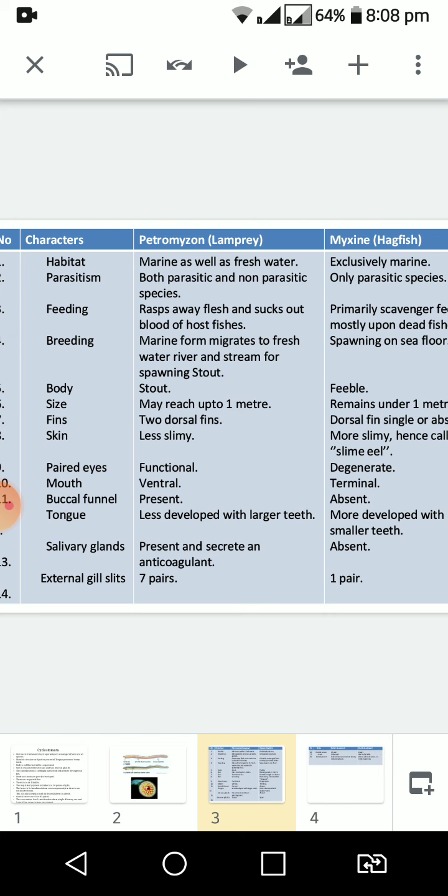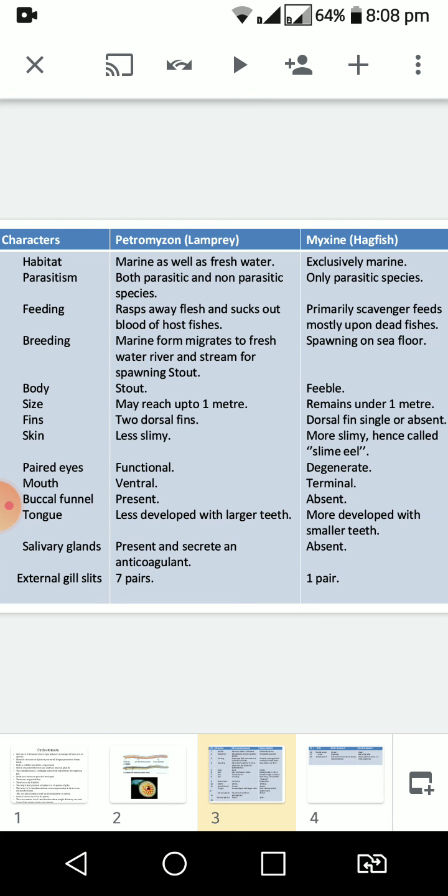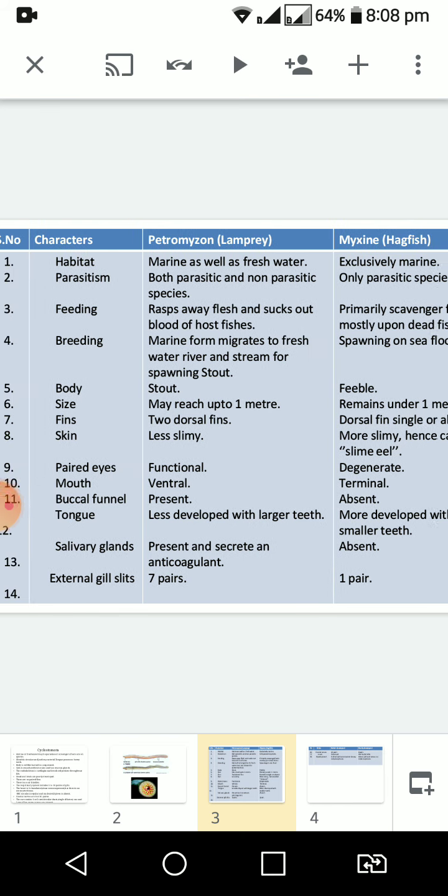The buccal funnel is present in the petromyzon, but it is absent in the myxin. Now coming to the tongue, in the petromyzon the tongue is less developed with larger teeth, but in the myxin the tongue is more developed with smaller teeth. So that is the important thing.